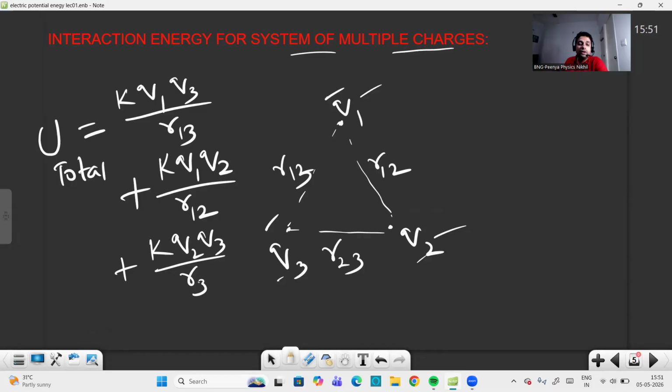So this is the interaction energy of a system of multiple charges.